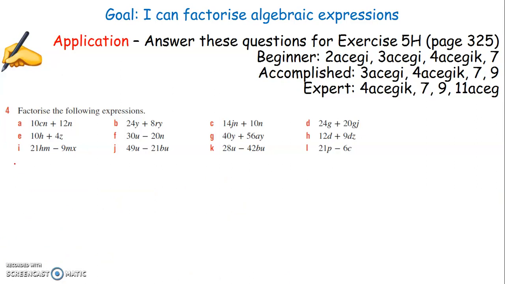Now, next one here, we have I. So I, we've got 21hm minus 9mx. So this is a bit easier than G to find out what number goes into both.